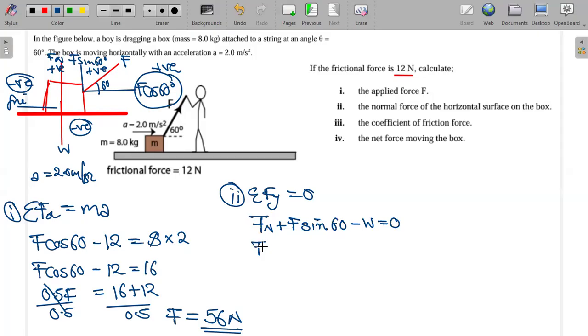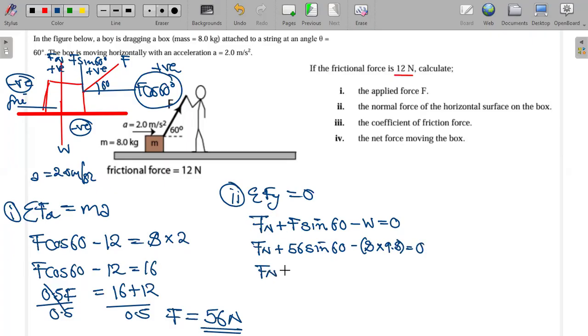Okay, my normal force Fn plus F, we've already calculated the applied force to be 56. So 56 sine 60 minus the weight of the object. What is the weight? The weight is equal to mass multiplied by gravity. So this will be equal to 8 kilograms multiplied by 9.8. This should be equal to 0.